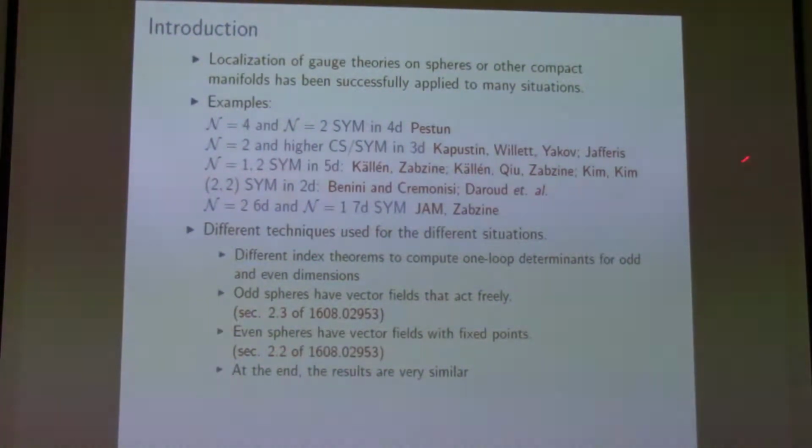Joe, for the N equals something in 6D, do you mean (0,1) or (0,2)? I mean (1,1). (1,1). And you say the index doesn't care whether there is a superconformal theory or not?